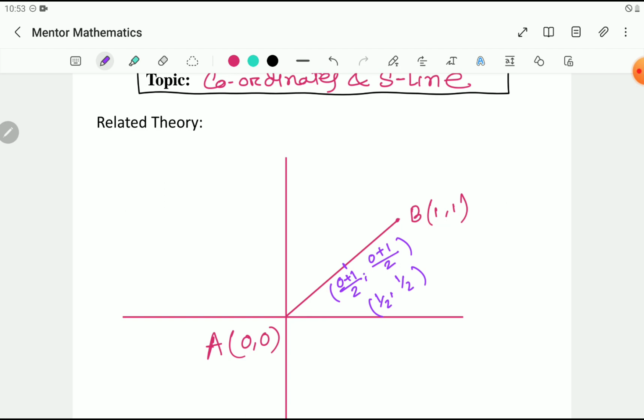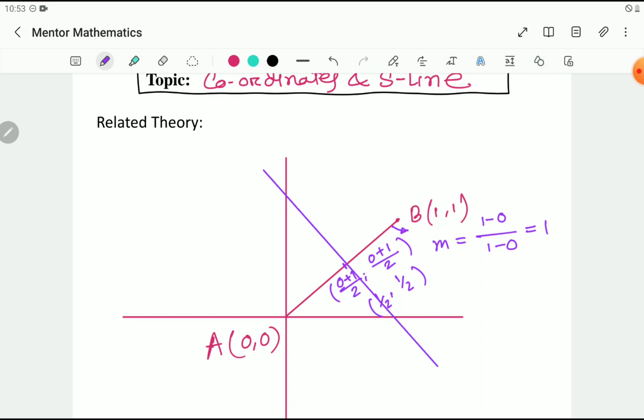And all of us know the slope of this equation, m equal to the change in y, which is 1 minus 0, divided by the change in x, 1 minus 0, equal to 1. Now we have to find the straight line which passes through the midpoint.